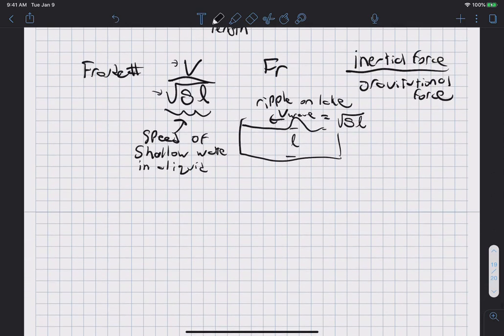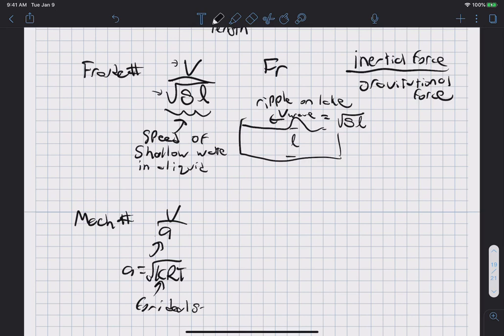And so then I might as well discuss the Mach number. That is given by V over A, and A equals square root of kRT for an ideal gas. That's the Mach number, given by the symbol M, and that's just the ratio of the fluid velocity to the sound speed.